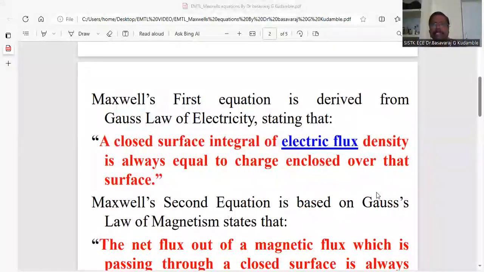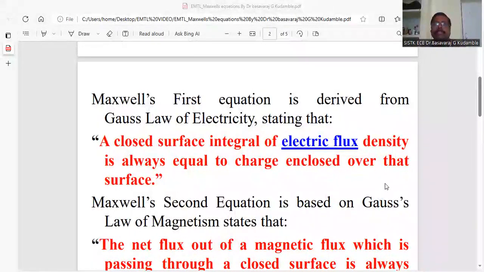Maxwell went through all the electromagnetic equations, and finally he gave a conclusion that these 4 equations are very important to understand electromagnetic fields, to derive the EM wave equations, and to analyze the EM wave equations in a wireless medium and also in a conductor.